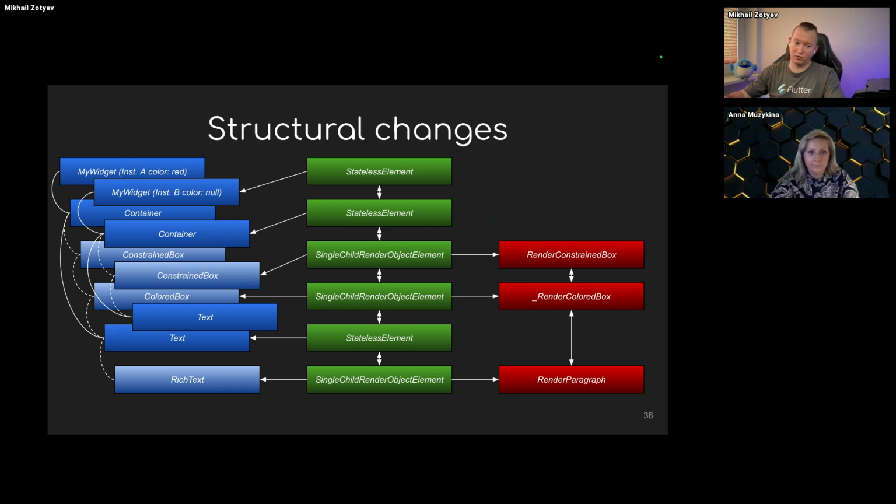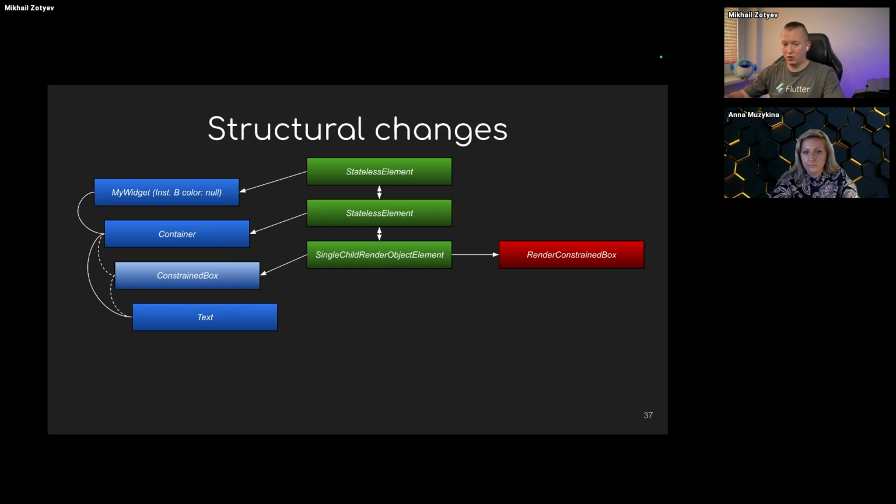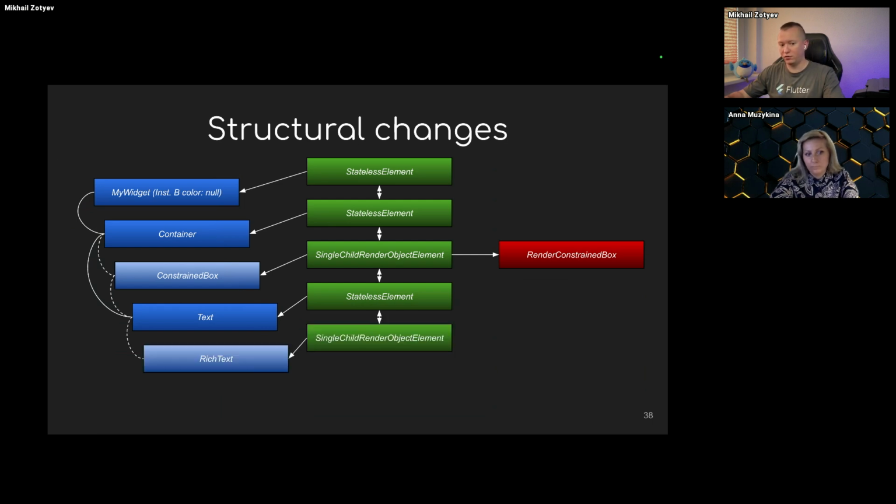So it was connected to colored box, and we want to connect it with a text. It's not possible, they are completely different. It makes no sense to keep them. So because of this, all those subtrees will be removed, and we will continue from this point, building from scratch: create a representation, connect it with the previous one, connect with the widget, try to build the subtree, create a representation for this subtree.